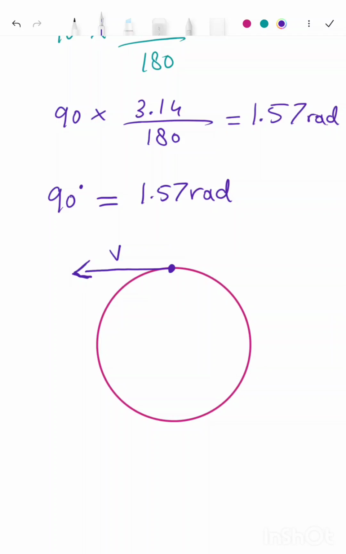After some time, when the object reaches this point, the direction of the velocity changes to this direction, because the velocity always remains tangent to the circle. The velocity does not have the same direction in circular motion. Again the object reaches this point, and the direction of the velocity becomes like this, tangent to the circle. And again the object reaches another point in the circle, and the direction of the velocity changes again.